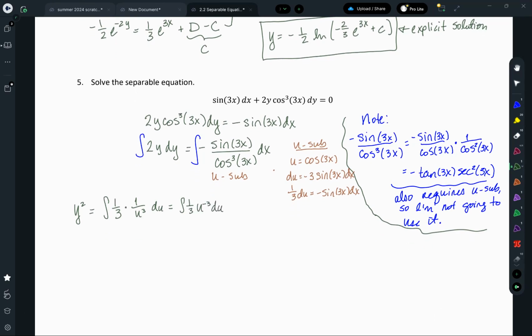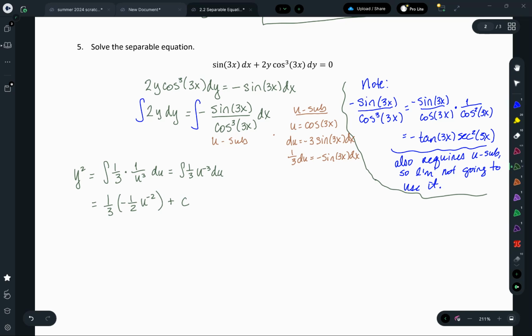And when I integrate using the power rule, I add 1 to the exponent. Negative 3 plus 1 is negative 2. So I divide by that as well. And I have my 1/3 times a negative 1 over 2 u to the minus 2, and then a plus c. And finally, remember u was cosine of 3x.